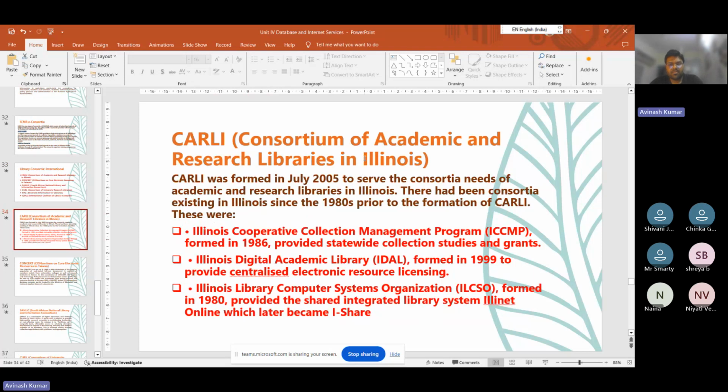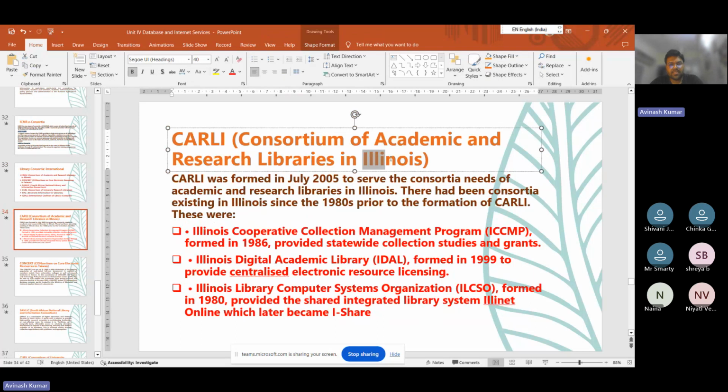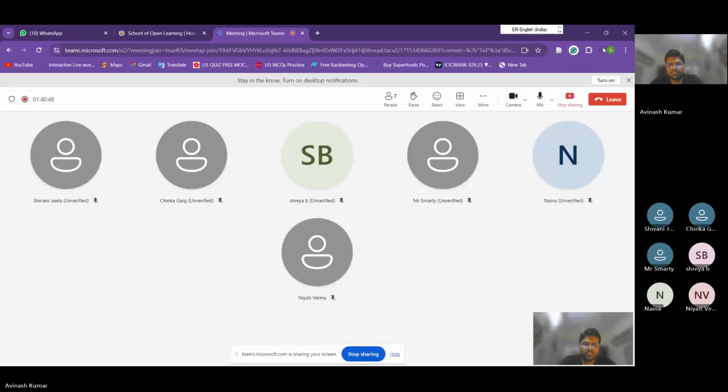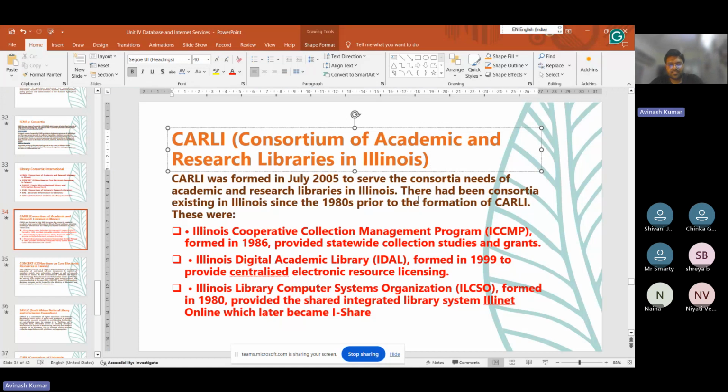Do you know where Illinois is? It is in the USA. CARLI was formed in July 2005 to serve the consortial needs of academic and research libraries in Illinois.